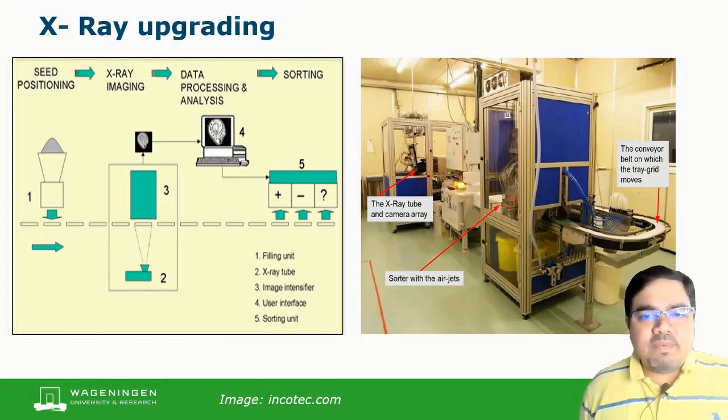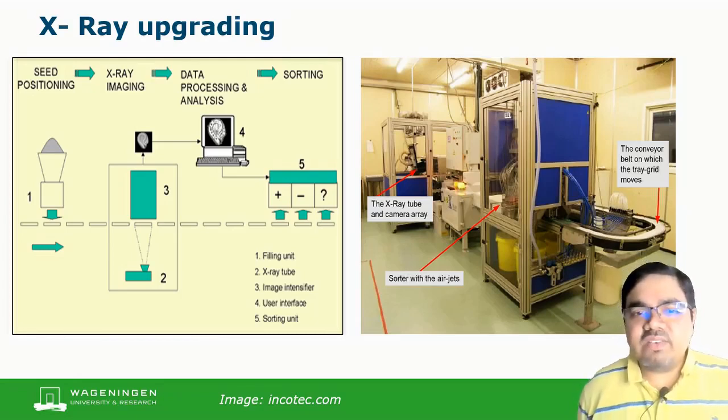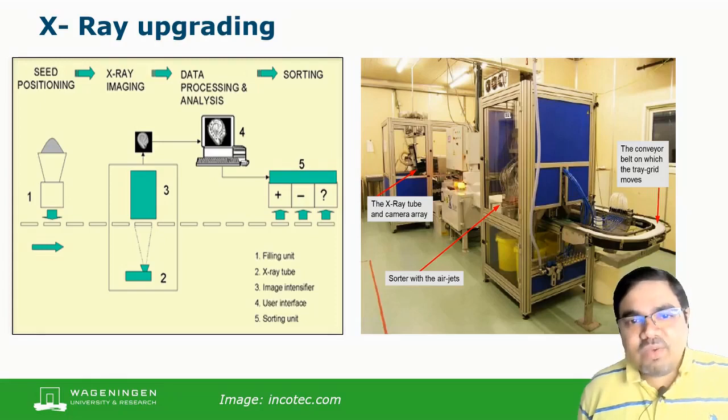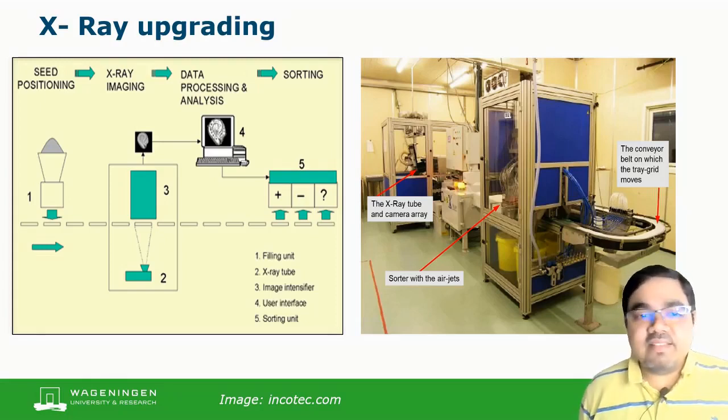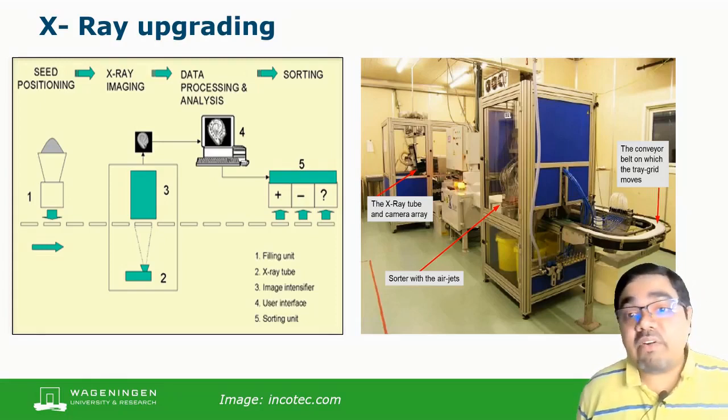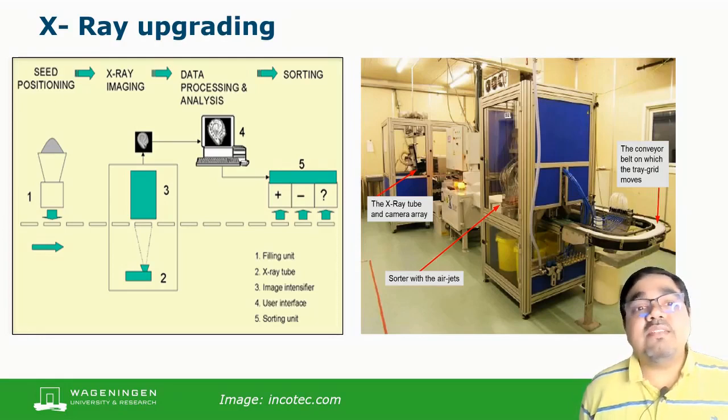Till the last couple of decades, sorting seeds using X-rays was a myth. X-rays were used only to detect banned insects in import materials or detect cracks in rice grains. I emphasize the word detect as X-ray in the seed industry was only used as a diagnostic tool and not as a sorting tool.